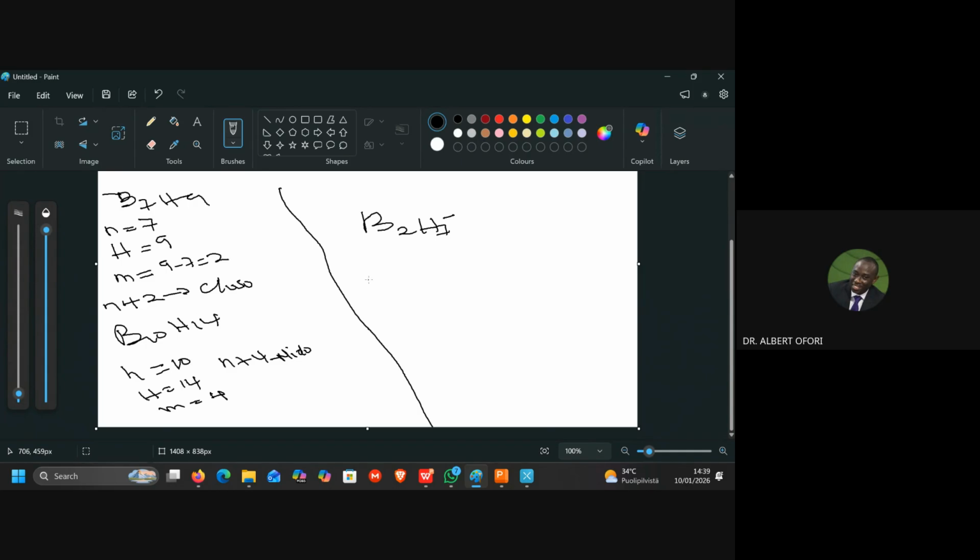The number of hydrogens becomes 8, plus 8. What's the shape? It will be arachno-borane, so that is N plus 6.